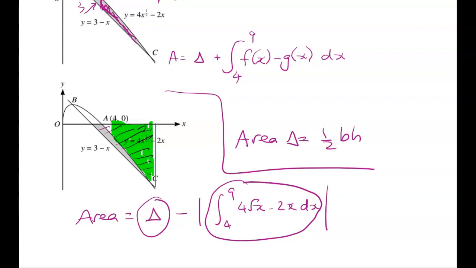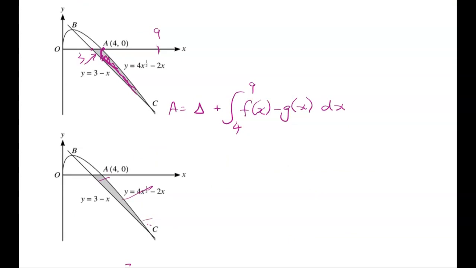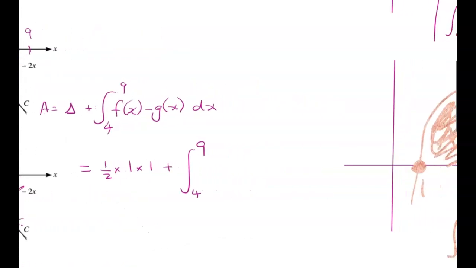Okay, so the first way, let's get rid of all of this. Well, the little triangle here is a half times 1 unit across and 1 unit down, plus the integral from 9 to 4 of 4x to the half minus 2x minus 3 minus x dx.